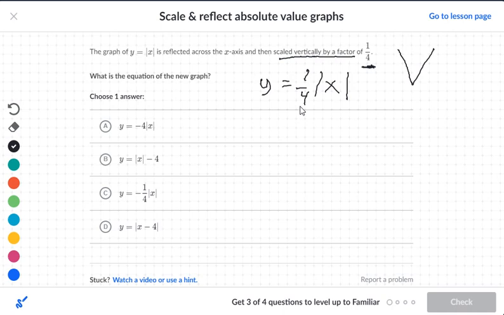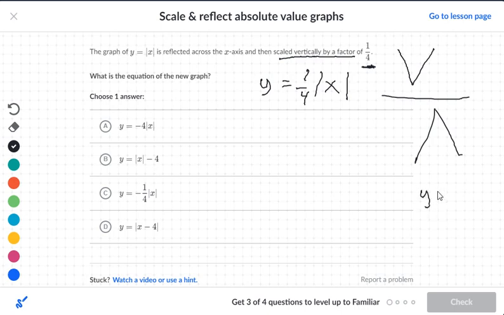But now they also talk about it being reflected. So reflected means that we would draw a line here, and we would draw the V going in the opposite direction. So when we come down here, we're not looking for the positive, we want the opposite of it.